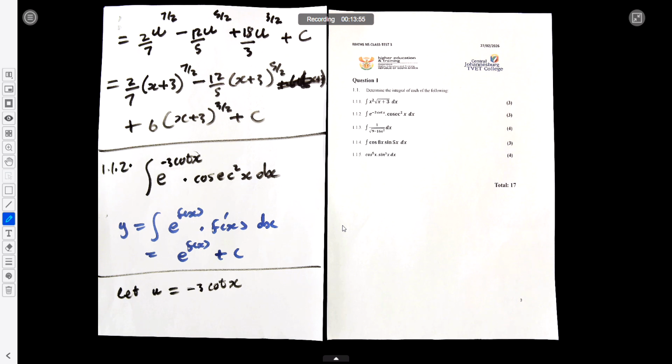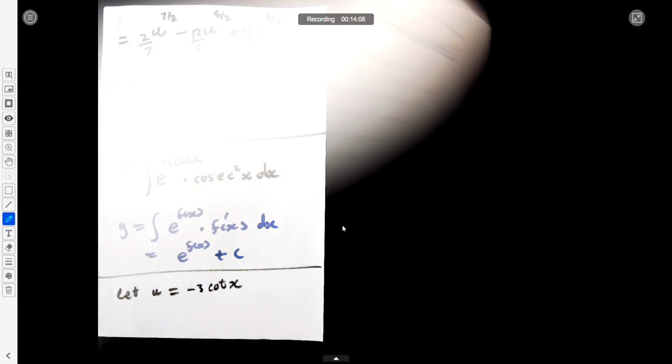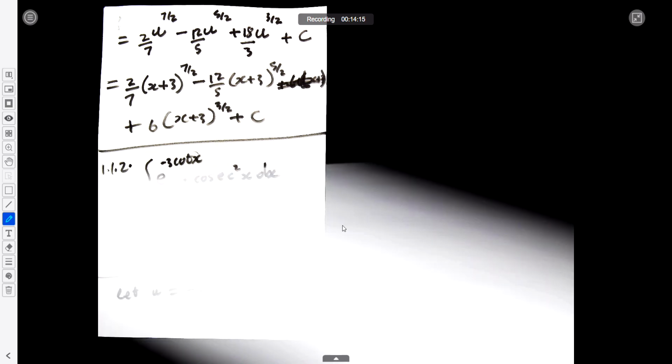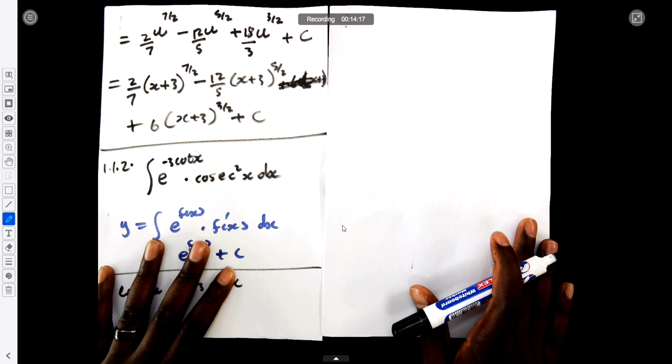I hope that is clear. Always let the whole exponent be equal to u when you are trying to utilize u substitution. So in that case, when we have let u equal the whole exponent, we can integrate.